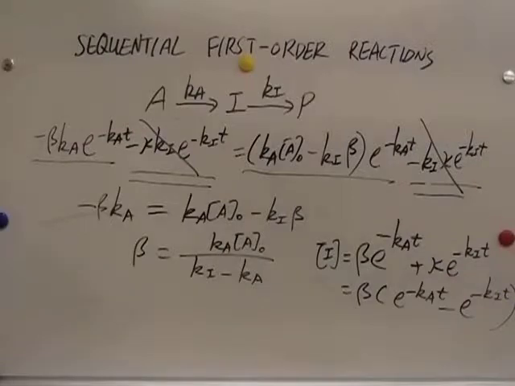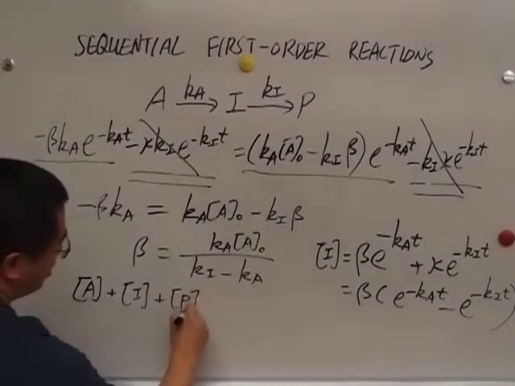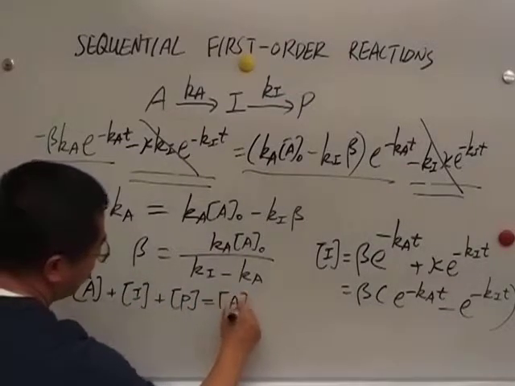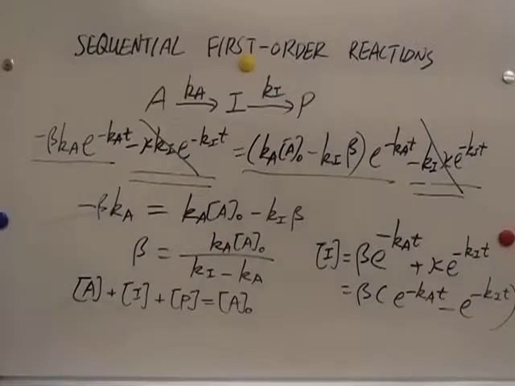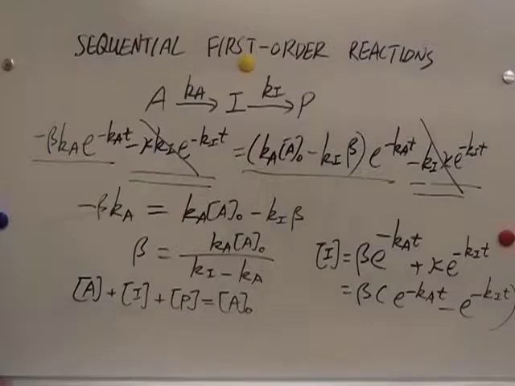What about the expression for P? The expression for P is very simple if you realize this. A plus I plus P is always equal to the initial concentration of A. Basically, it means if A is consumed, it will become either I or eventually P. And the mass or the chemical composition must be conserved.